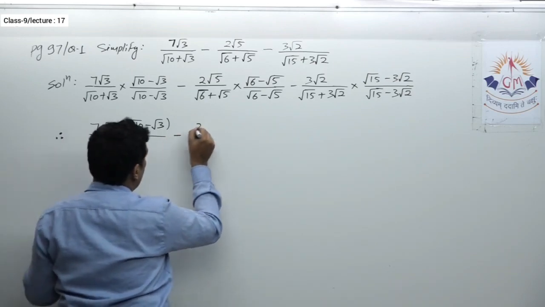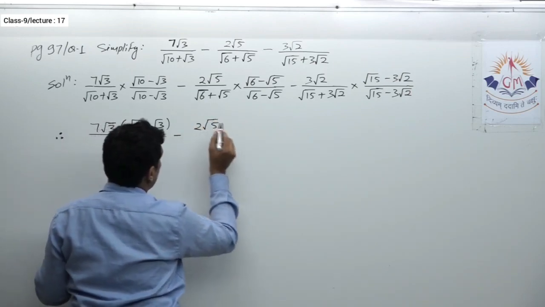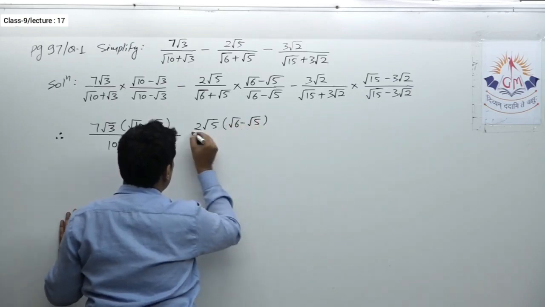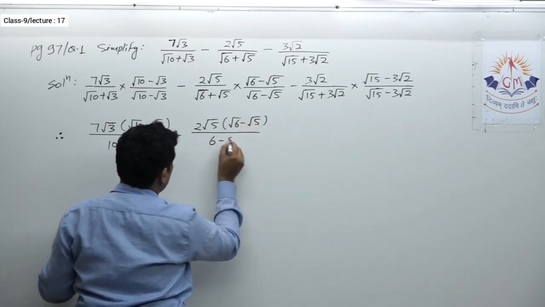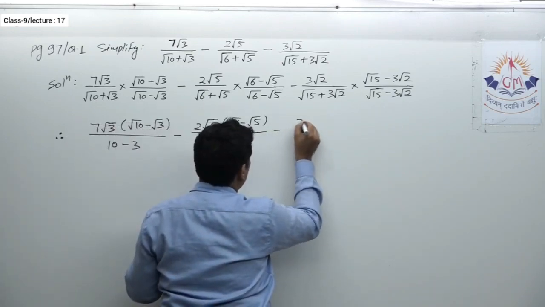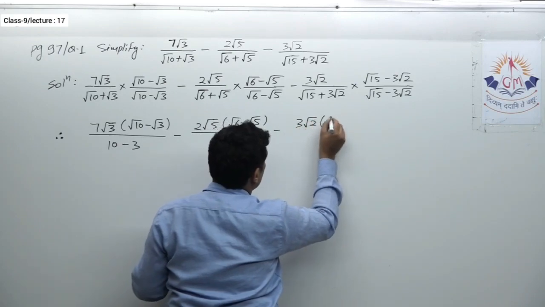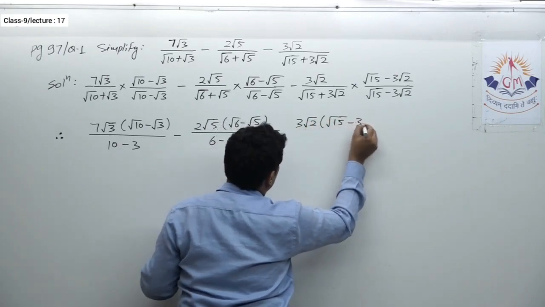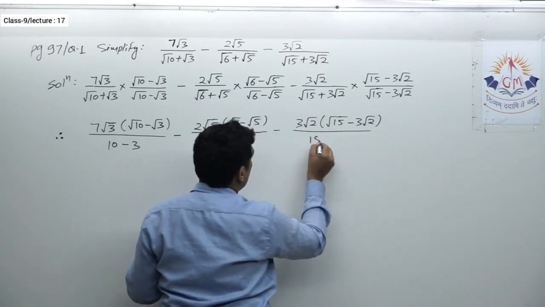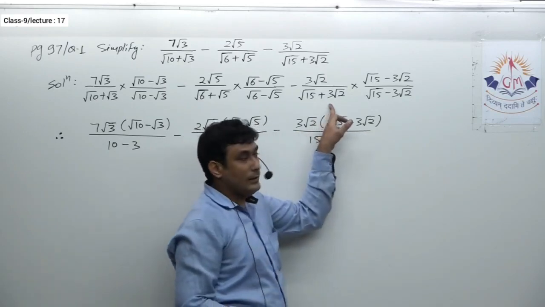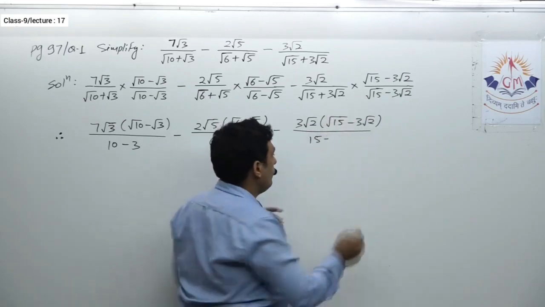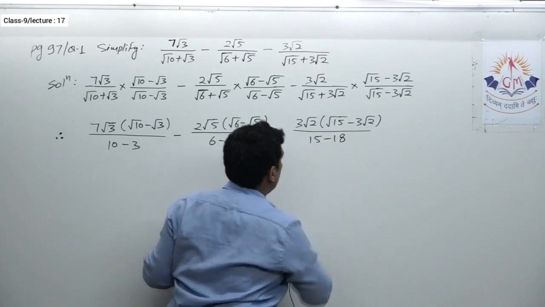Then over here again I keep this as it is, then root 6 minus root 5, and in the denominator 6 minus 5, a square minus b square. Over here again I keep this 3 root 2 as it is, then root 15 minus 3 root 2, and in the denominator 15 minus 3 root 2 square: 3 square is 9, root 2 square is 2, so 9 into 2 is 18, so minus 18.